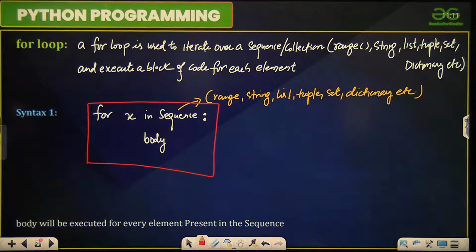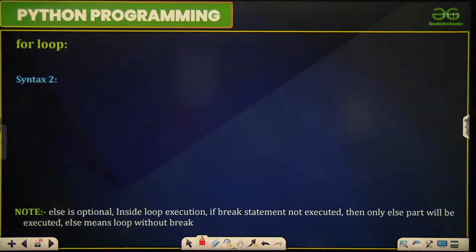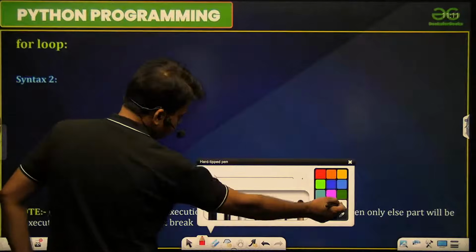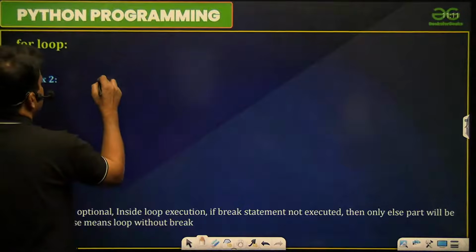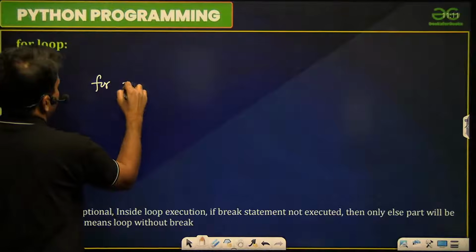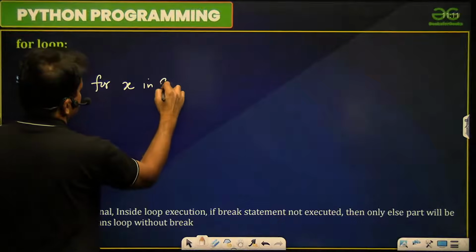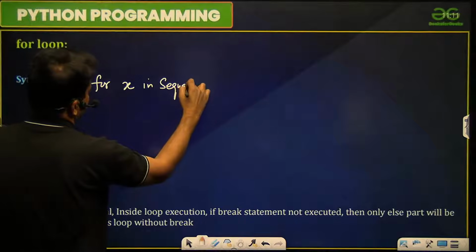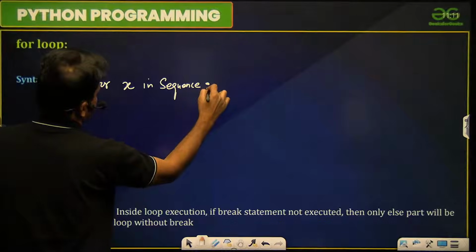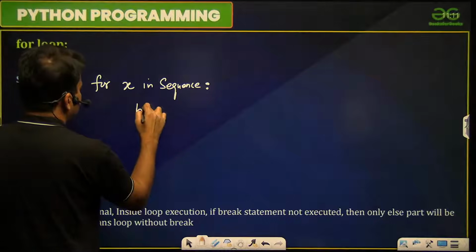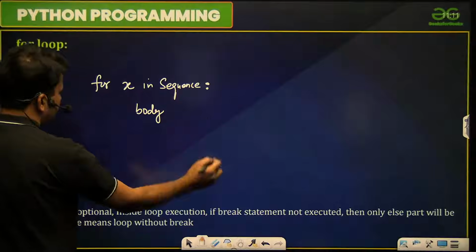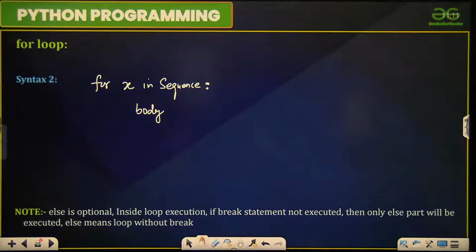Now another syntax for the for loop. For x in sequence or collection, colon, and this body will be executed for every element present in this sequence.